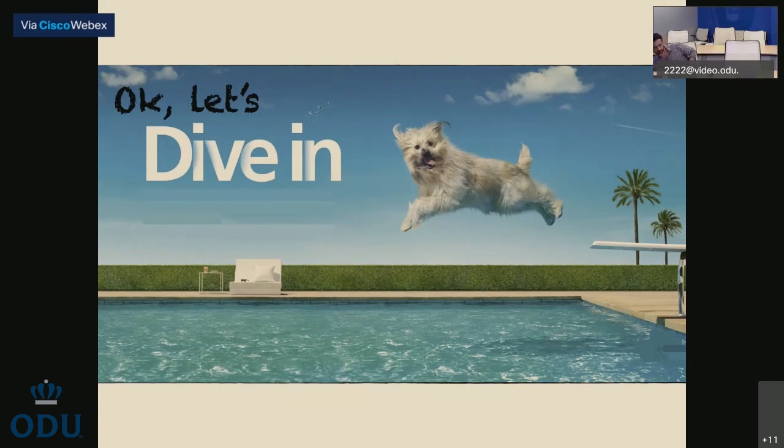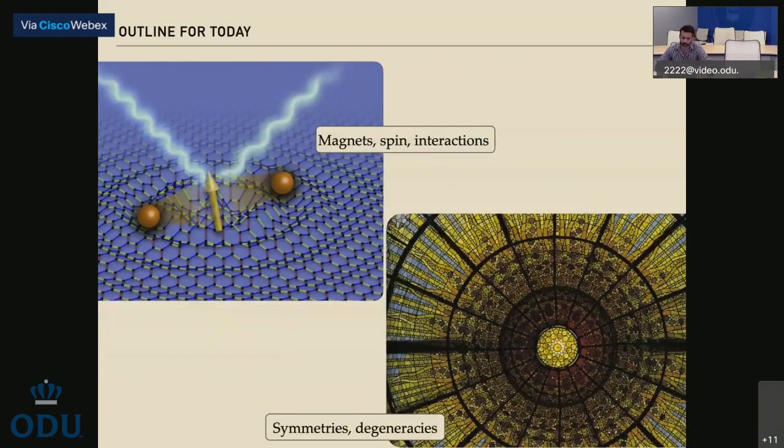So we're going to change topics completely today. And what I figured we would introduce is magnets, spin, which is a property of particles, and the interaction between particles that have spin.